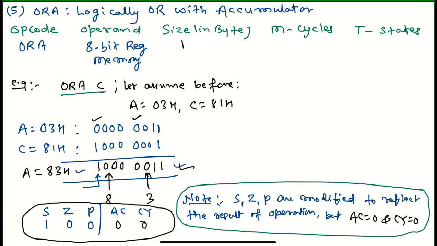And with respect to machine cycle, this has by default only the opcode fetch operation, because the components involved in this operation are the accumulator, which is inside the processor itself, then the second operand, the C register, which is also inside the processor itself.